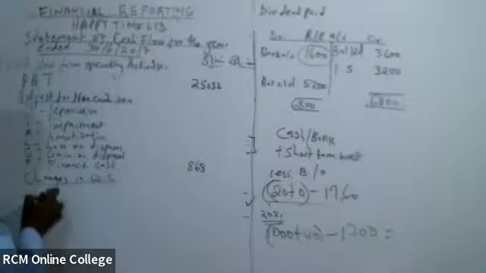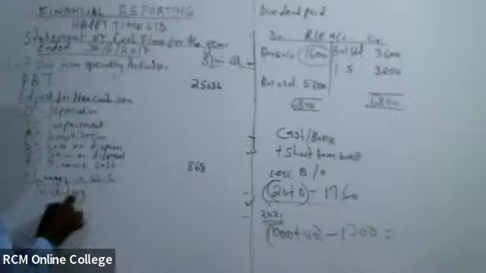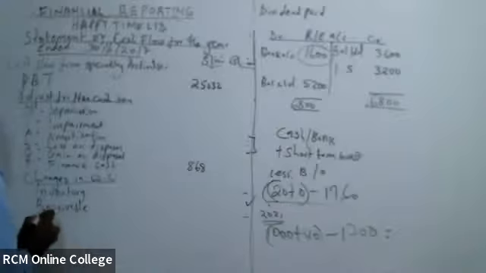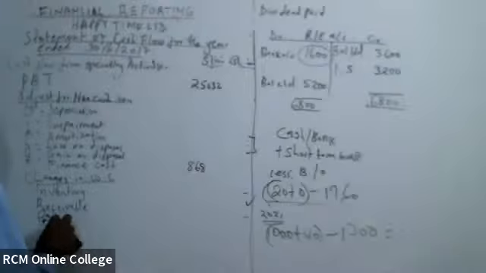So we have inventory, we have receivable, and we have something called payable. I just want to remind you what we said about the assets.